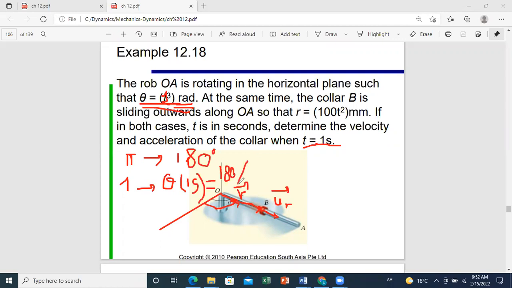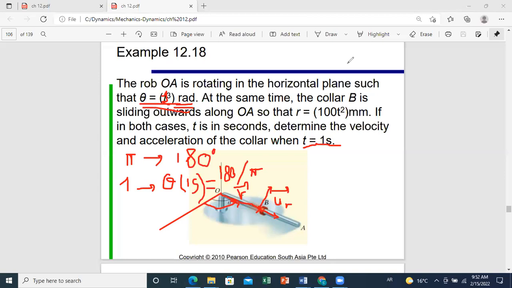And now, once I find the angle between the reference line and UR, let me find the angle between the reference line and the velocity vector. We said that the velocity vector has two components, and we found these components. From your calculation, you were able to calculate VR and V theta.